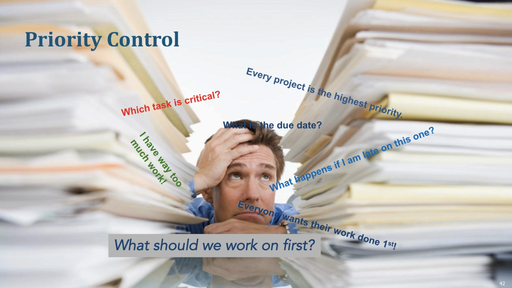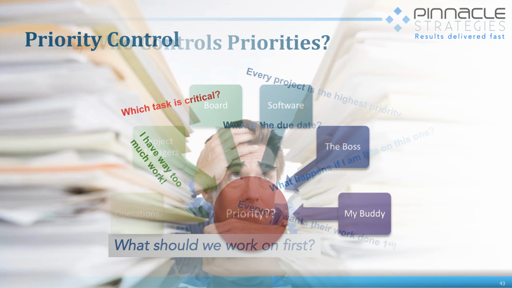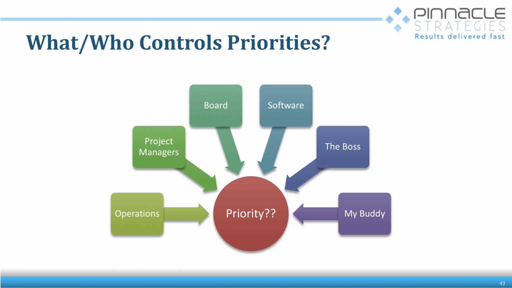So by focusing on priority control, what we get is another bump in productivity because people aren't multitasking. And we know that in every business there are multiple priority systems, and the issue from an execution standpoint is figuring out who owns or controls those priorities.